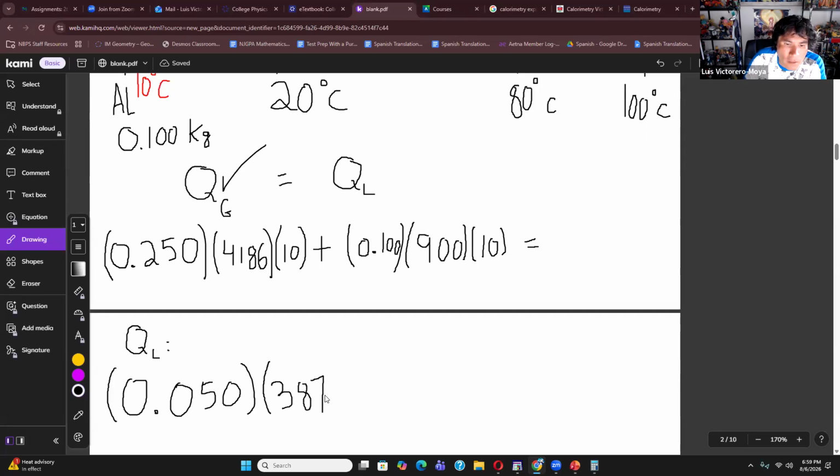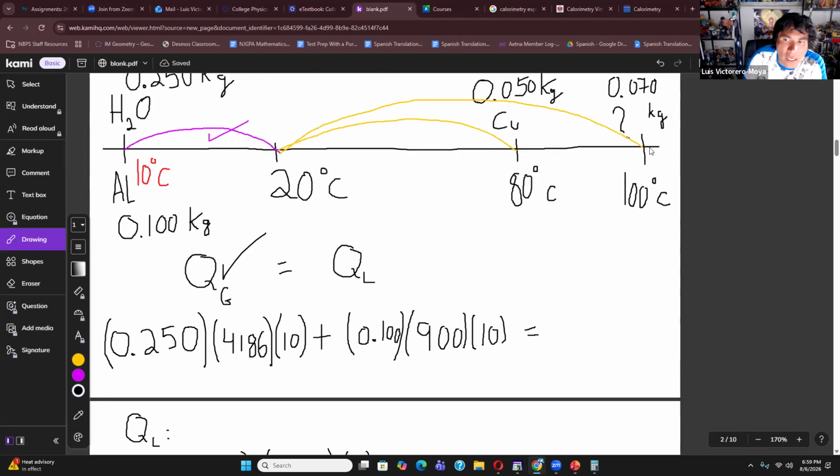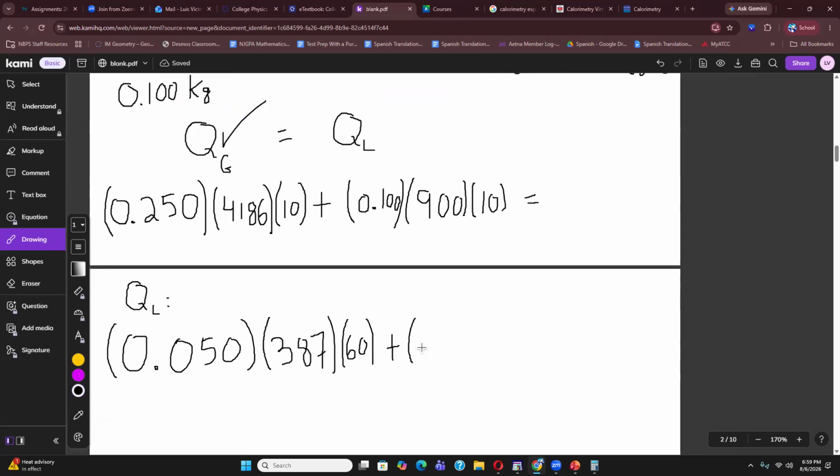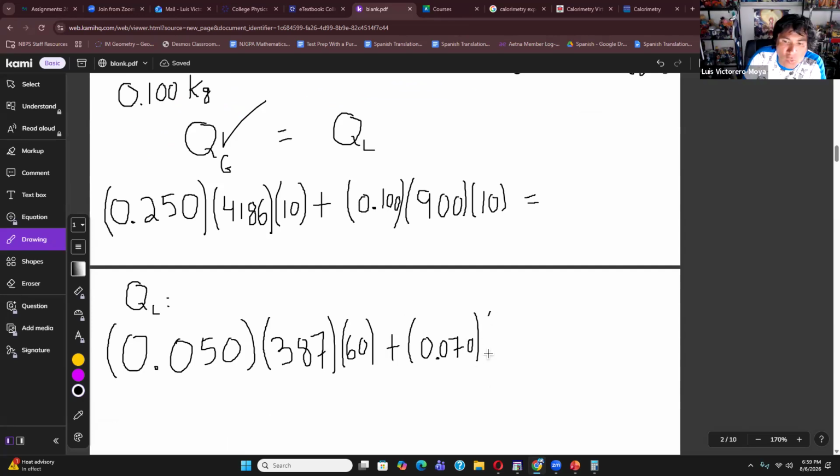Specific heat, 60. And then the unknown element. What's the change of temperature for the unknown? 80. So 0.07. The unknown, we don't know, so we want to calculate it as C, right? And the change of temperature, 80. Okay, so if you keep it organized, it's easy.